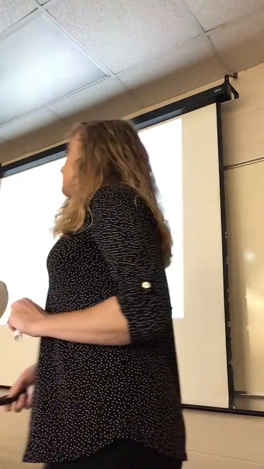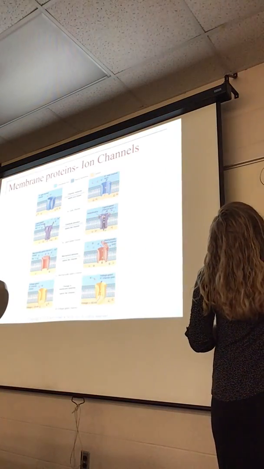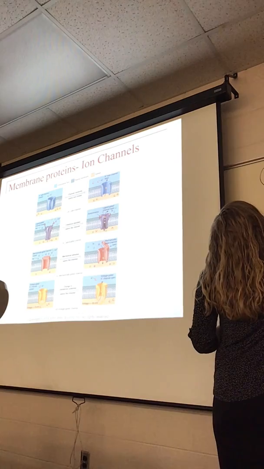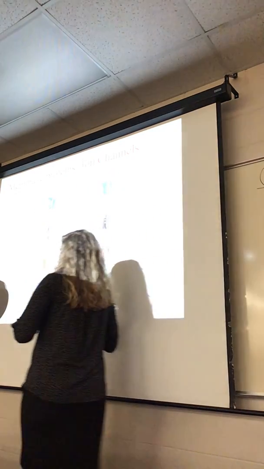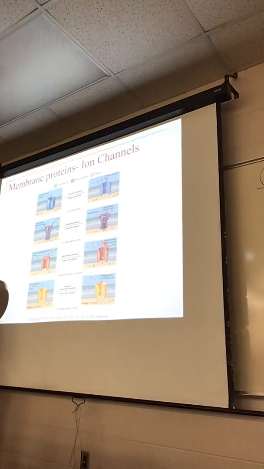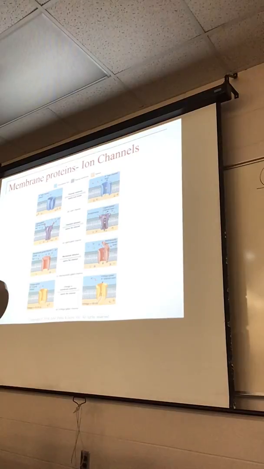All right. So the first thing we're going to look at are channels. Ion channels are going to be one of the most important types of integral membrane proteins that there are, because these are going to be very largely involved with the rest of the physiology that we talk about throughout the semester.